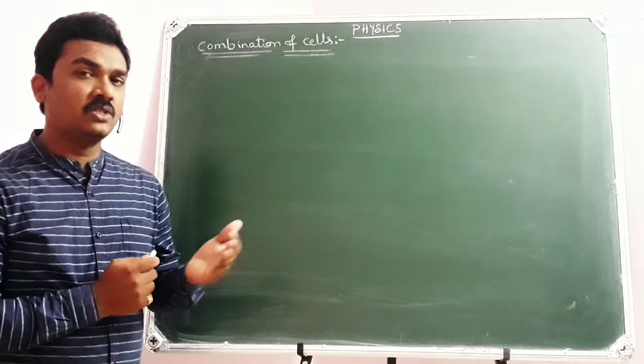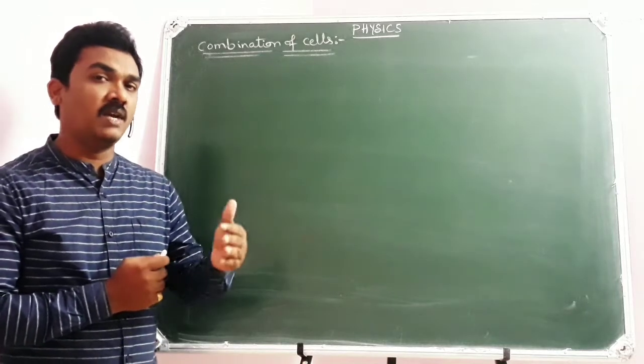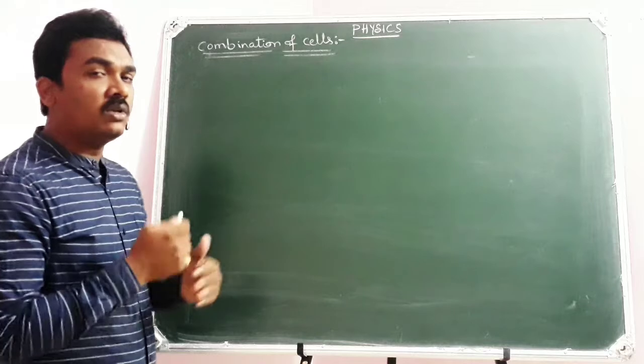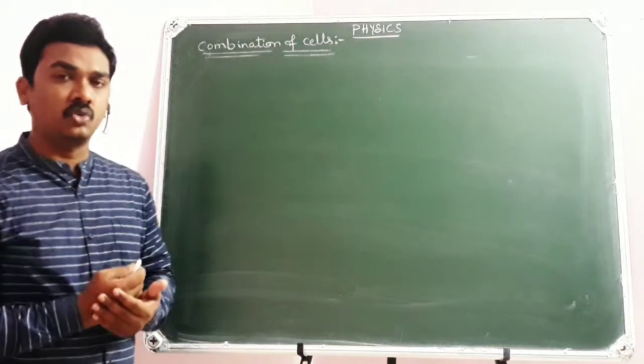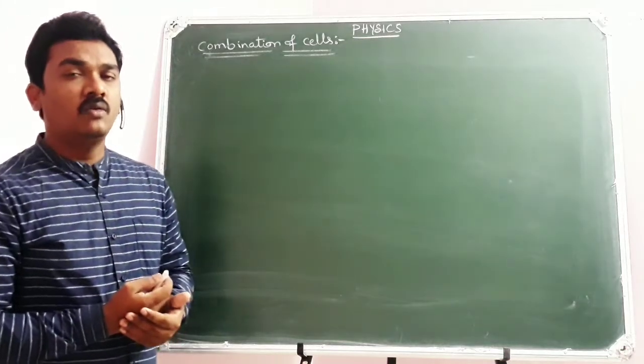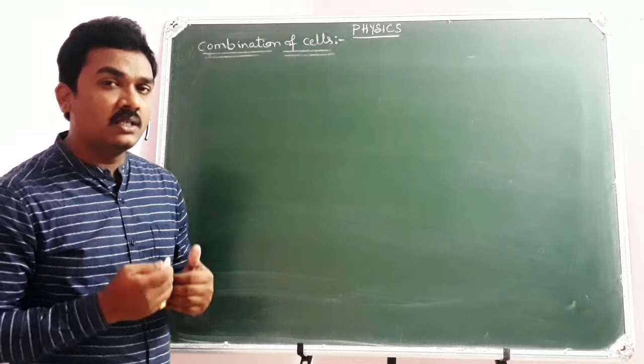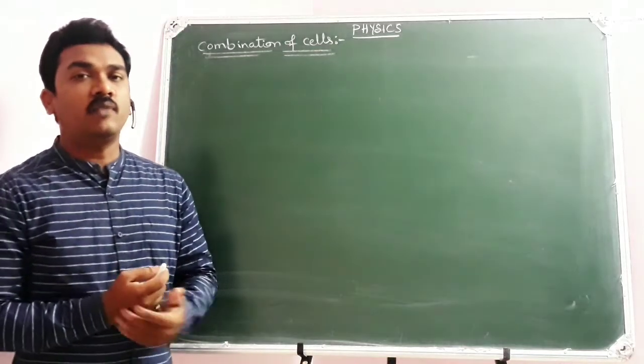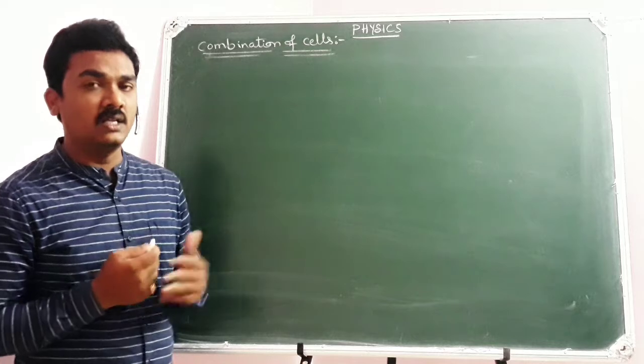In the combination of resistors, we have dealt with the concept of equivalent resistance. Similarly, when two or more cells are connected in an electric circuit together, then what about the equivalent EMF of the combination of cells? Of course, here we don't talk about an ideal cell.